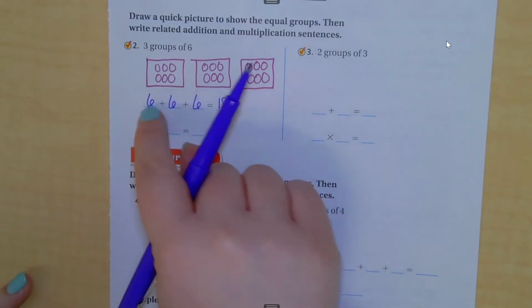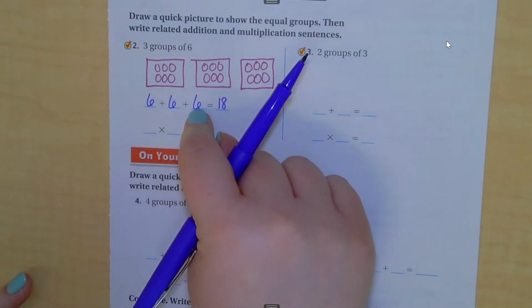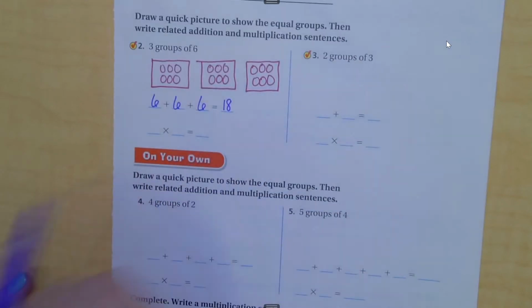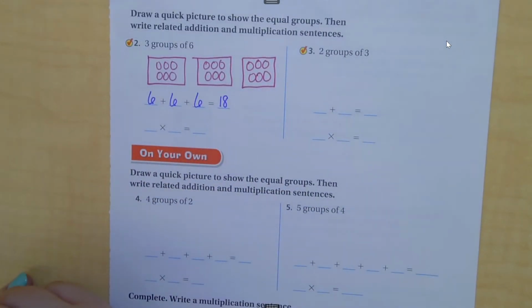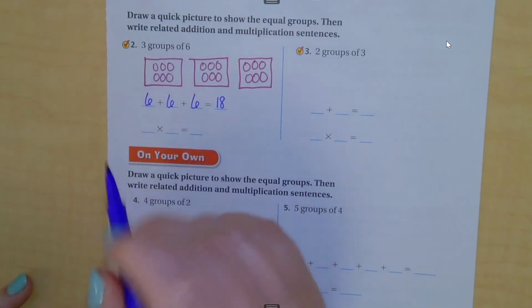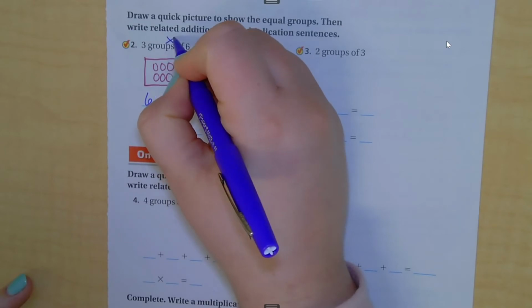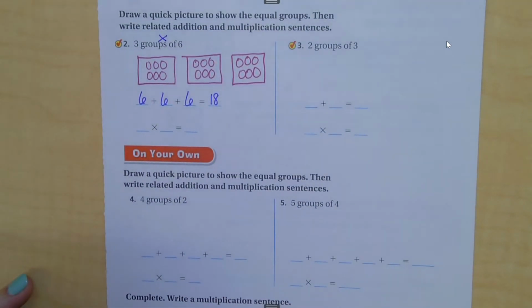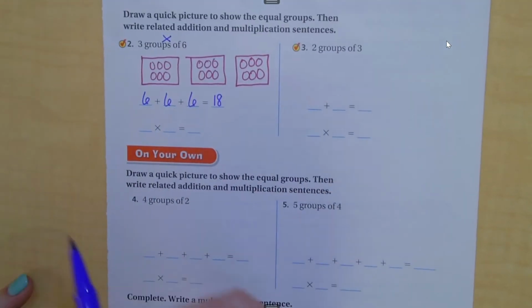If you wrote 3 in here, you're not going to get the right answer. There's 6 in each. Now let's look at the multiplication sentence. Remember, the order matters. So, 3 groups of 6. Well, I've taught you that groups of can be replaced with the multiplication symbol.